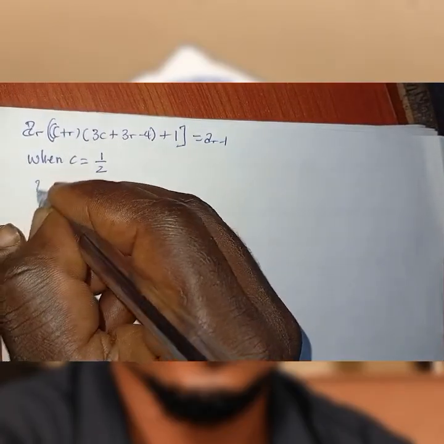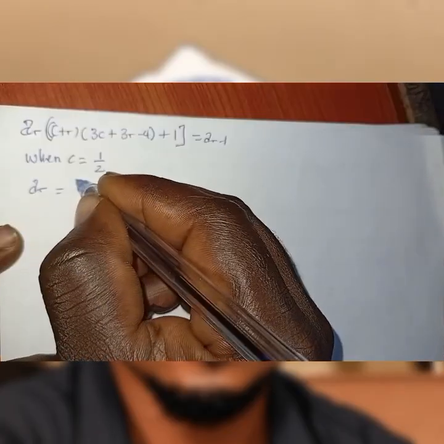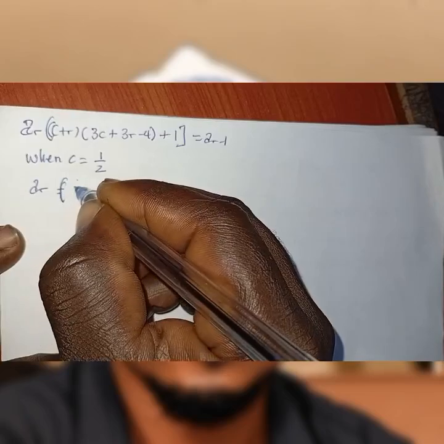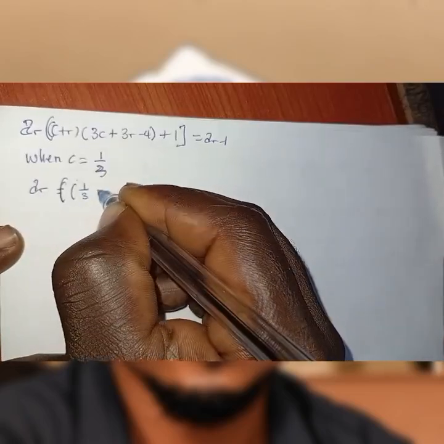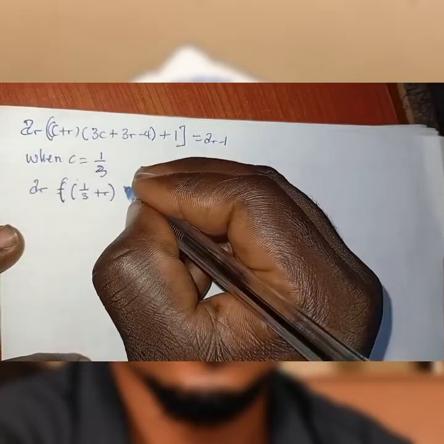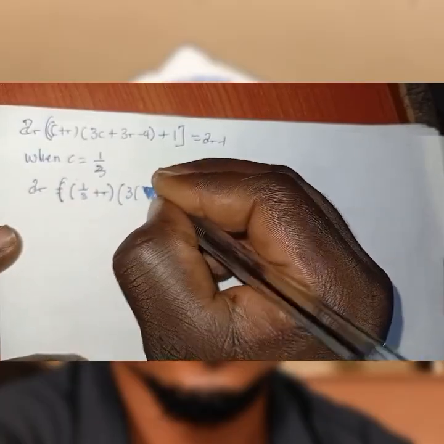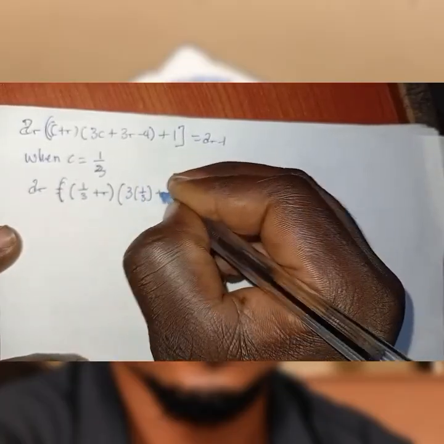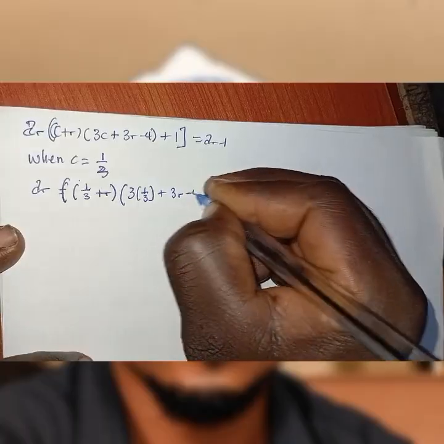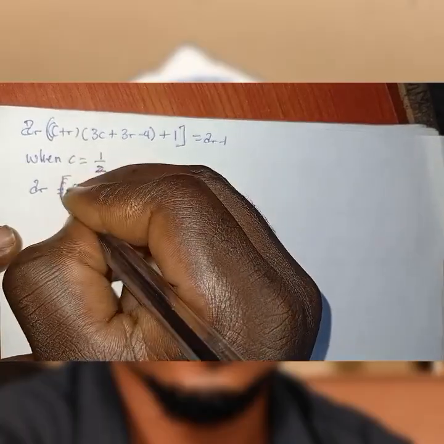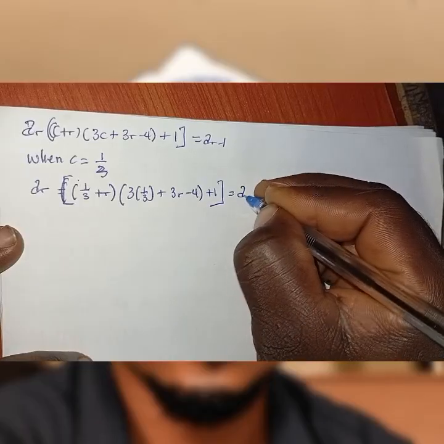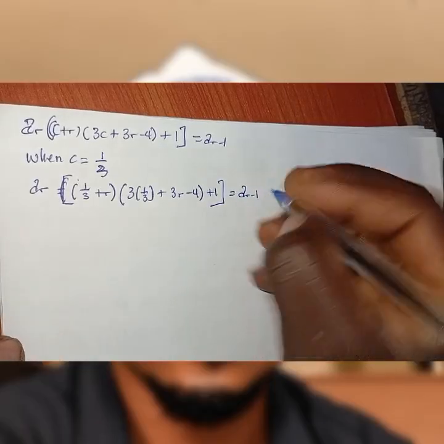Now a equals to 1 over 3 plus r, then 3 open brackets 1 over 3 plus 3r minus 4 plus 1 equals a minus 1.